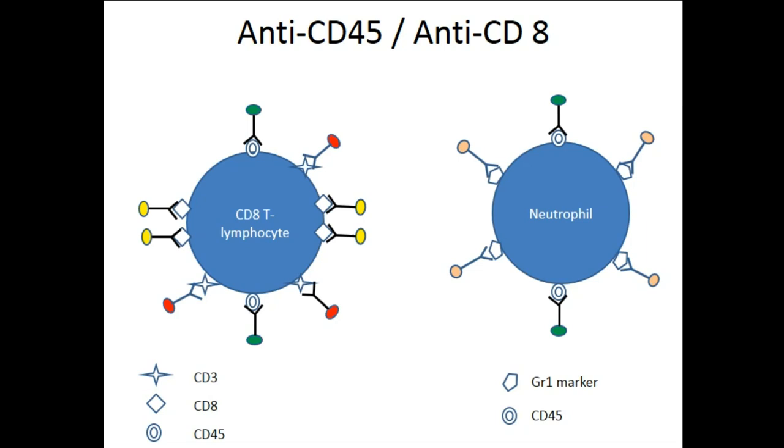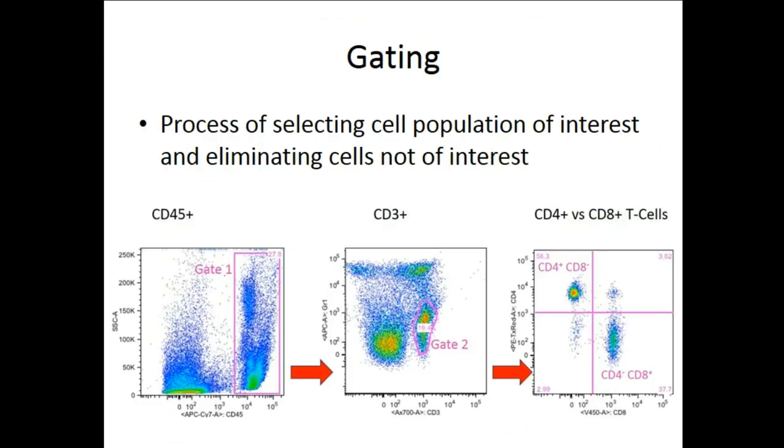And if you're going to target multiple receptors, you have to make sure the colour used for each target is different. If you use the same colour fluorochrome, the flow cytometer will not be able to differentiate between the different markers.